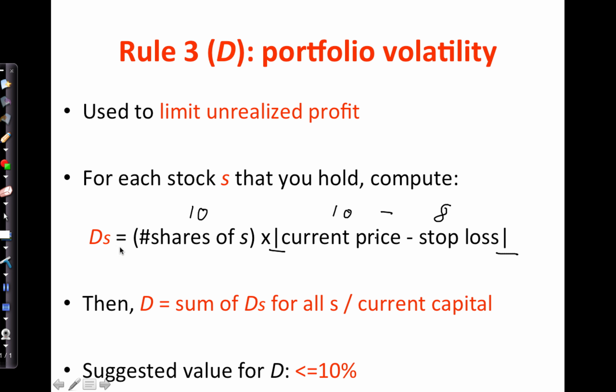When we have computed this for each stock, we need to sum all of them, and then we divide this by the current capital. That is also sometimes called NLV, net liquid value. And for the same reason that I showed before, I would suggest limiting this value to 10%.